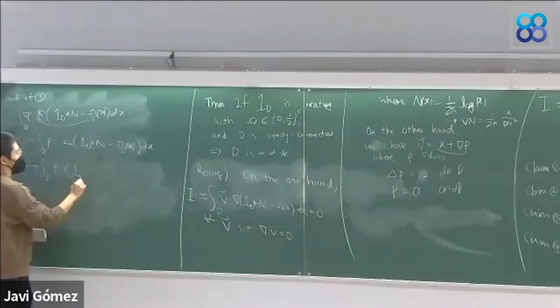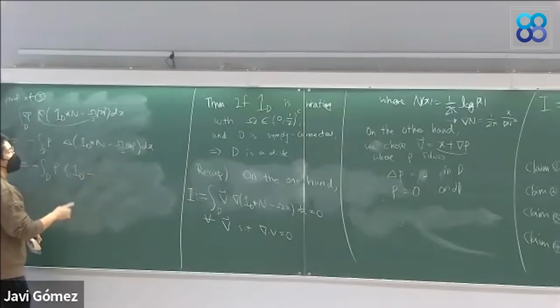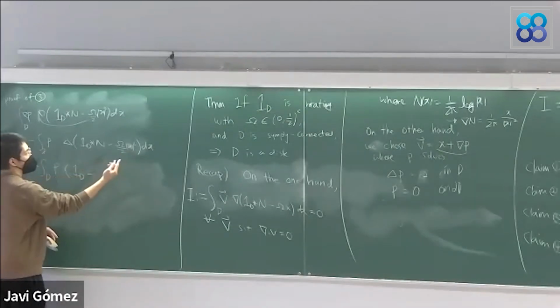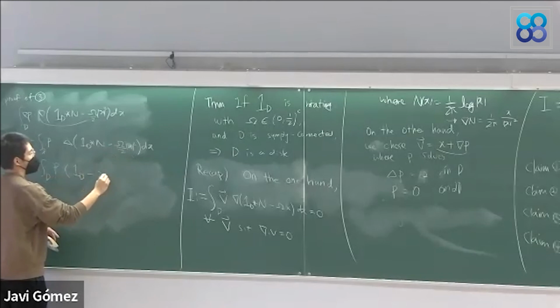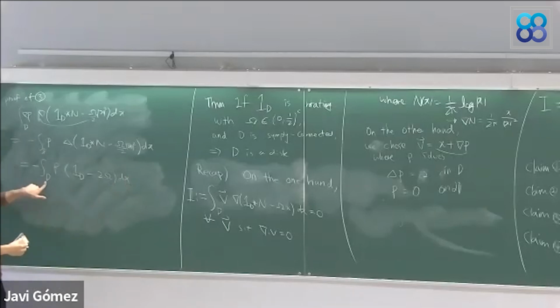So we have the characteristic function, and then you can just compute the Laplacian of x squared. That gives you 4. So we multiply 4 by omega over 2, which gives you 2 omega. And then we integrate this on D, so this is just 1. So we get negative 1.